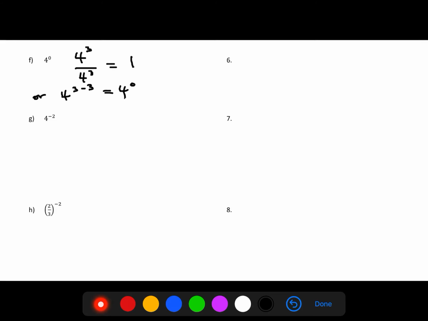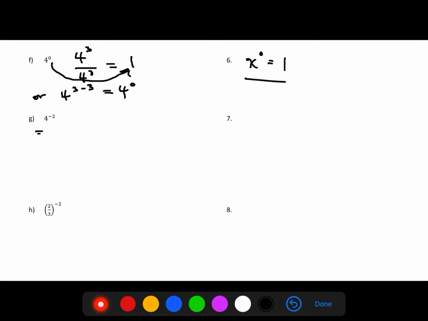Well, anything to the power of 0 then means that it's itself divided by itself, which means that it has to be equal to 1. Okay, so we can go directly from here to here, knowing our power law or our exponent law, anything to the power of 0 is equal to 1.